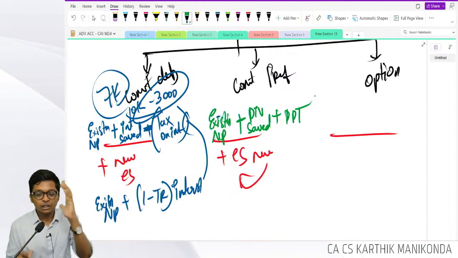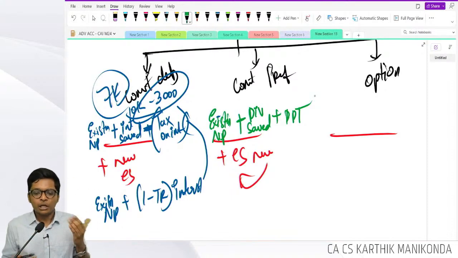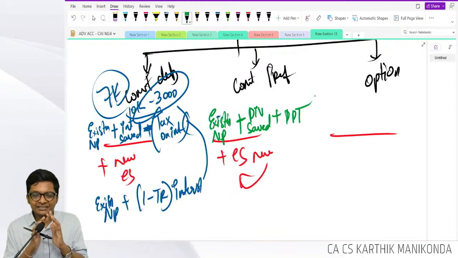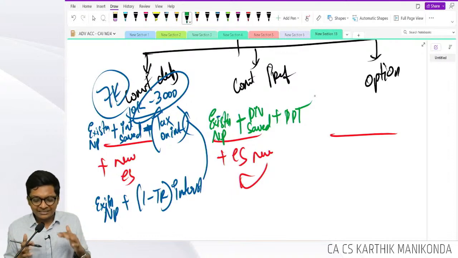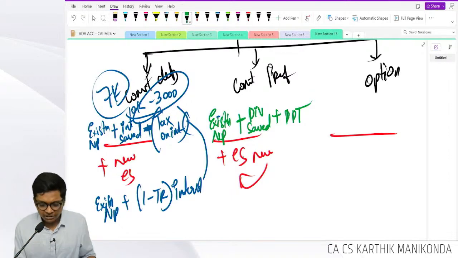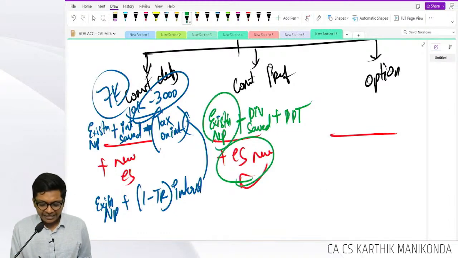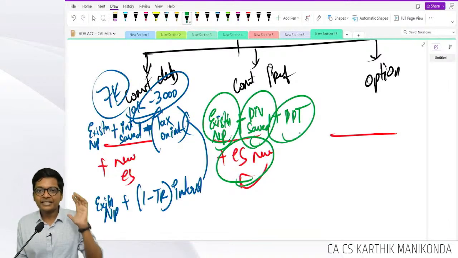Here no minus. Logic and all I will tell you in a different class, but for you to understand quickly, dividend comes after tax, interest comes before tax. Dividend is after tax, so no concept of tax saved here. So for preference shares, increase new equity in the denominator, and in the numerator existing net profit plus dividend saved plus dividend distribution tax saved.